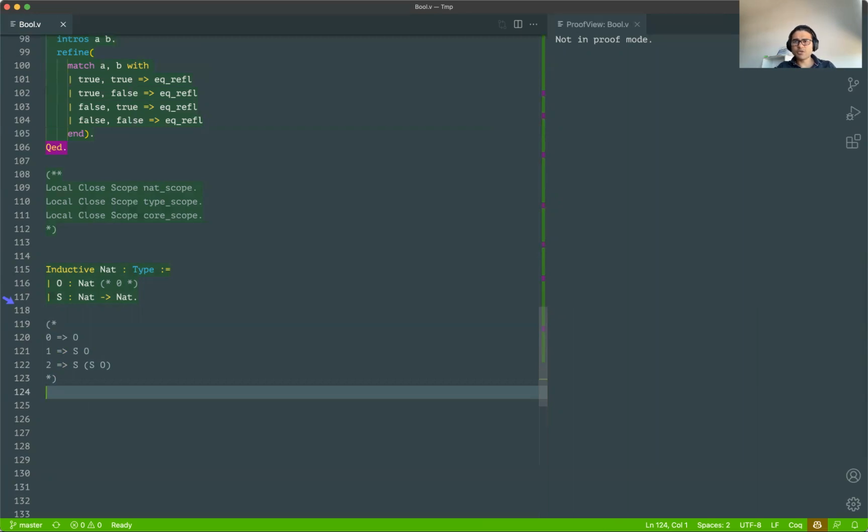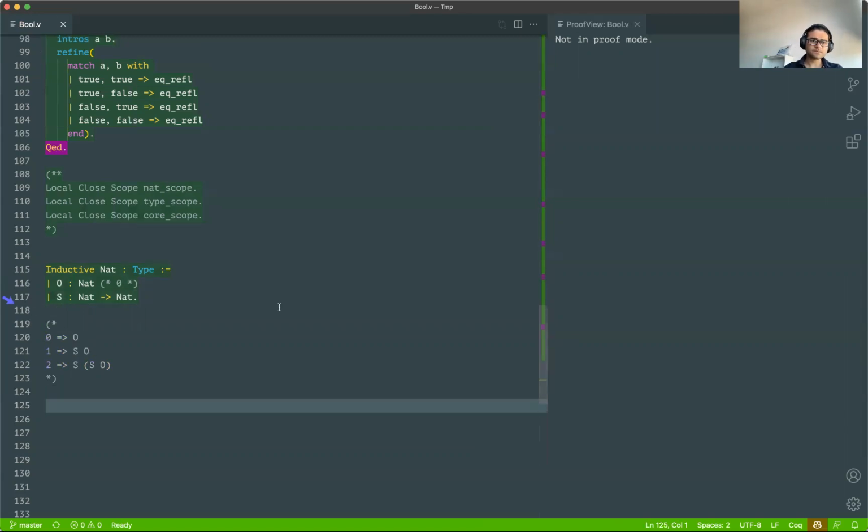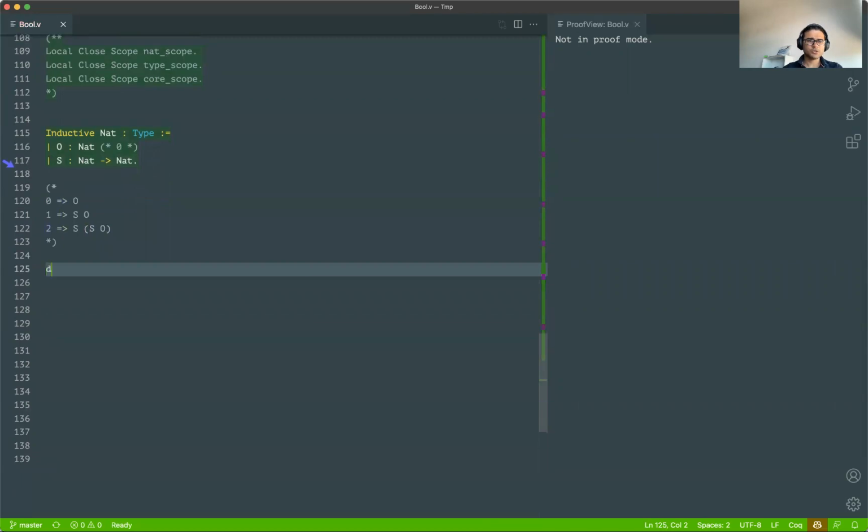What else can we do with this natural number? A moment ago I said we can add, we can subtract, we can multiply. So let's define a function to add two natural numbers. So far we have seen the keyword Definition, so let's use that.